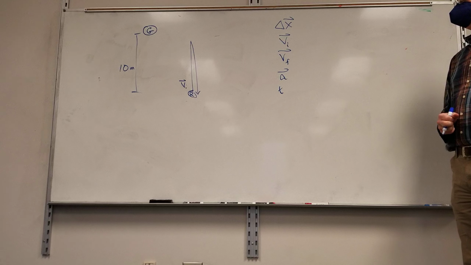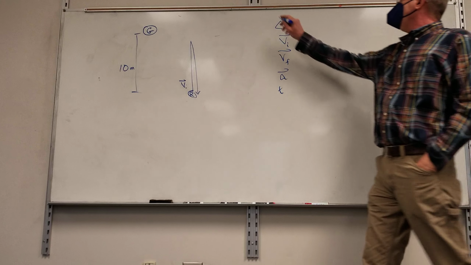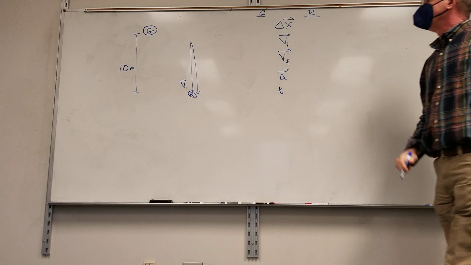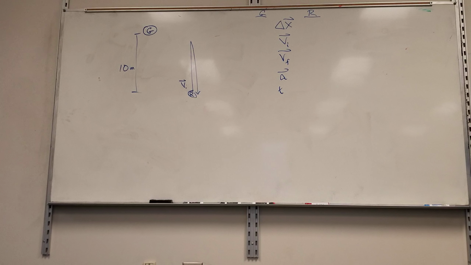All right, so we have green and red. Well, first thing we need to do in a problem like this is decide what's the positive direction. Any opinions, desires? Downward. Sorry? Downward. You want it downward positive?